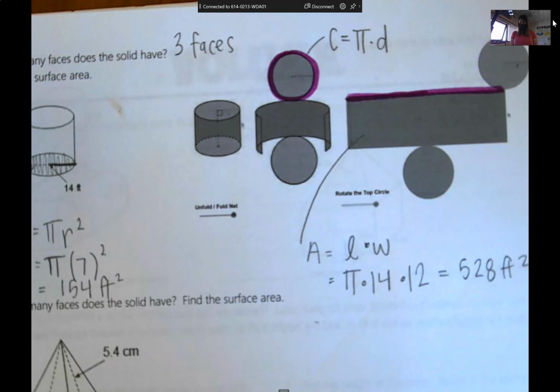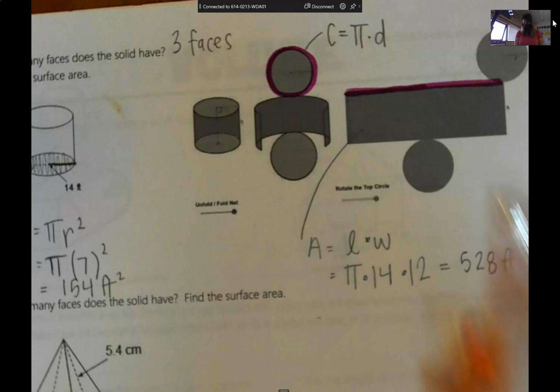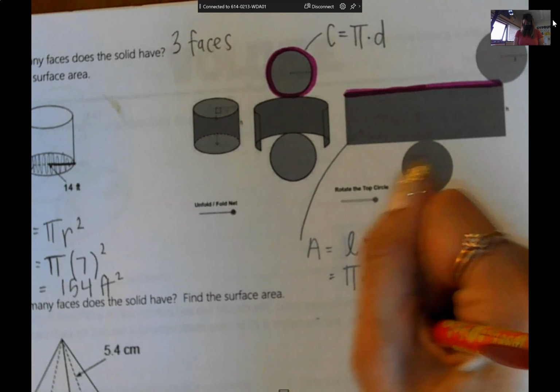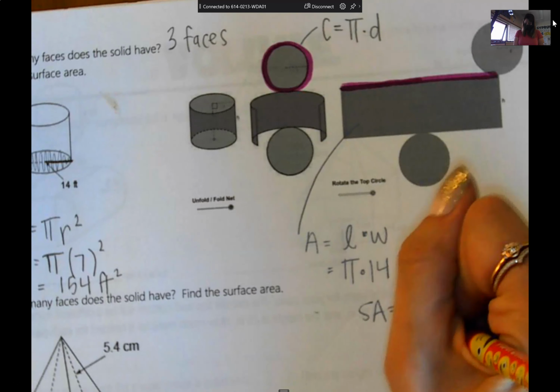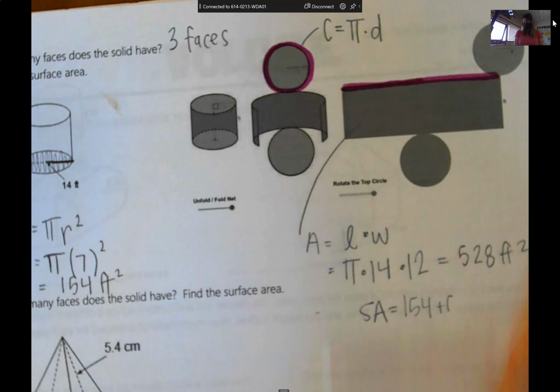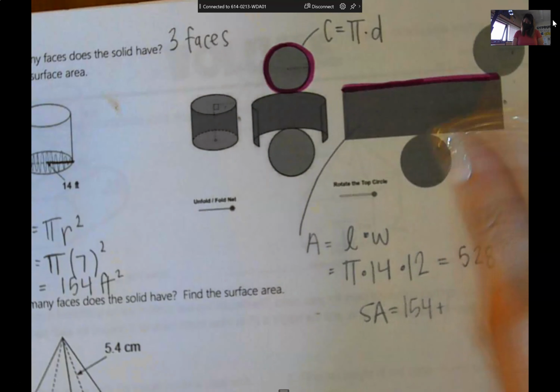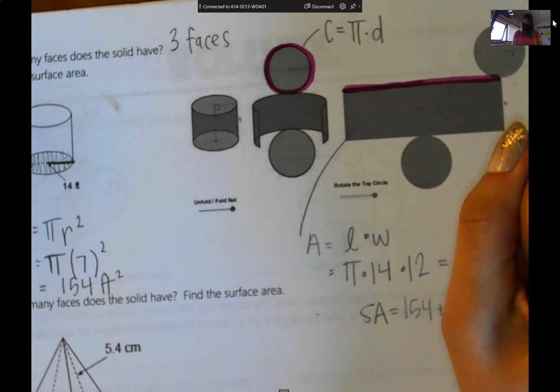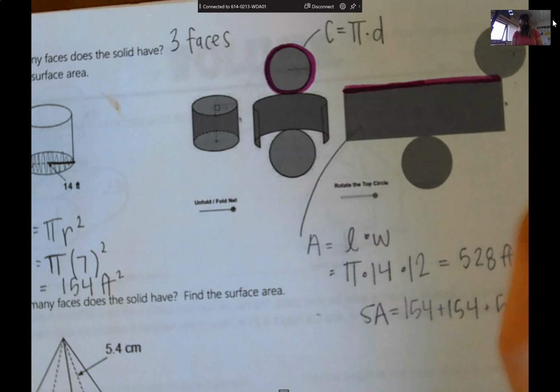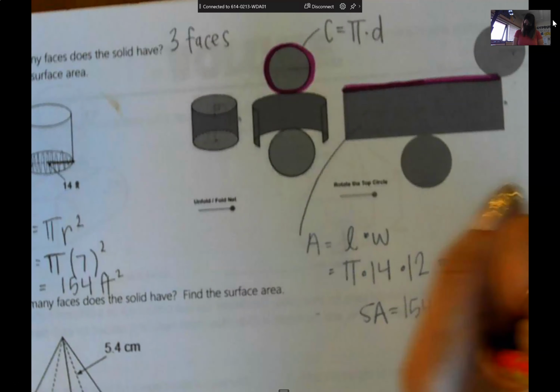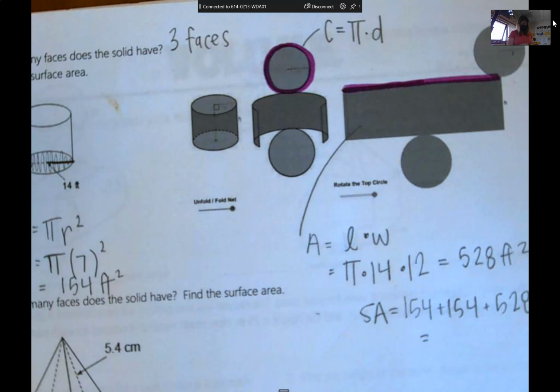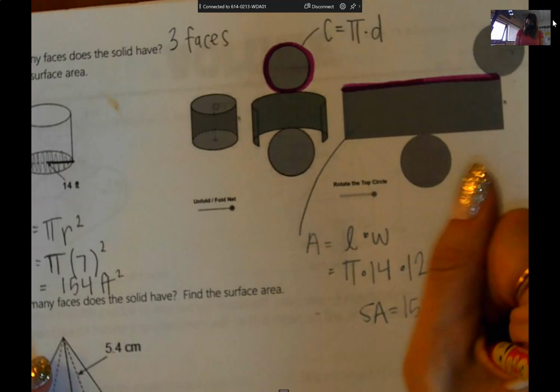Okay, so then that means that our surface area is our top plus our bottom plus 528. So 154 plus 154 plus 528. 836.